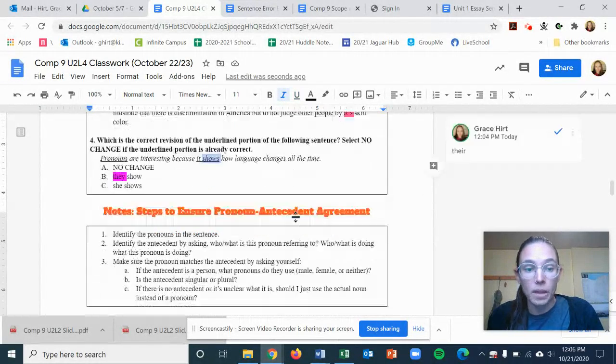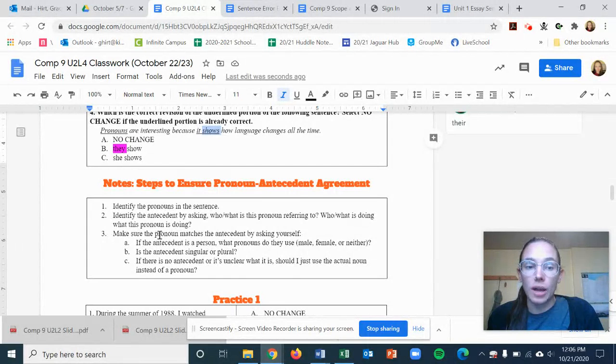They show. Then we need to make sure that the pronoun matches the antecedent by asking yourself, if the antecedent is a person, what pronouns do they use? Is this a male or a female or someone who uses non-binary pronouns like they? And then is the antecedent singular or plural?